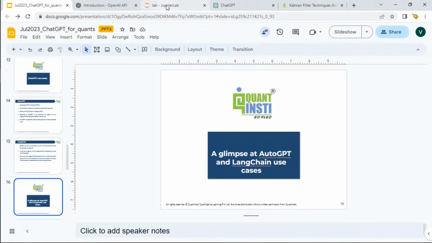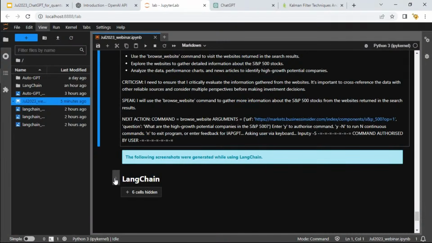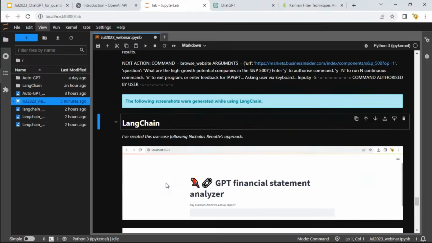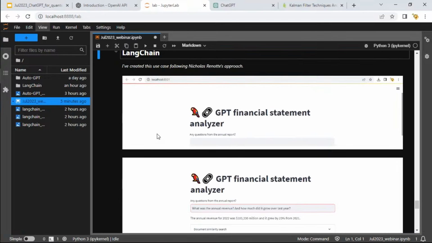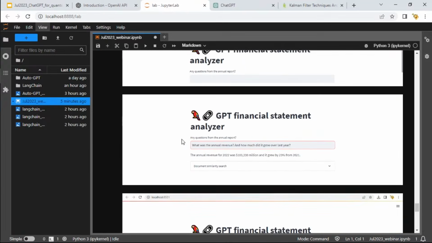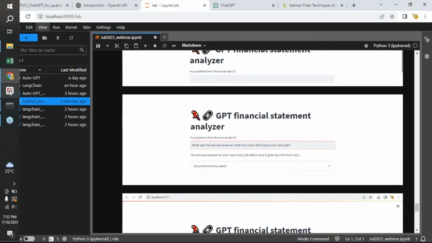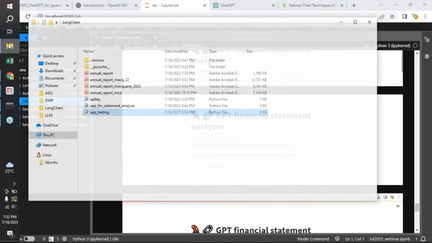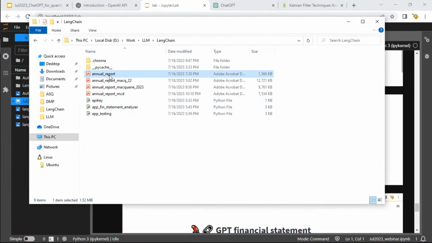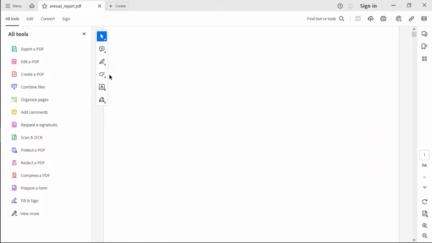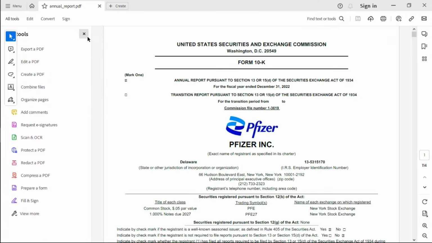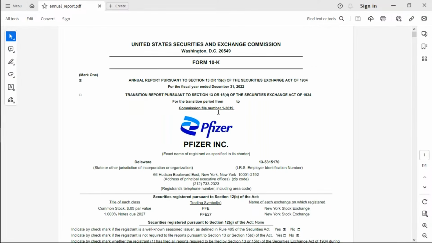So if you were to look at LangChain and what it does, I created this financial statement analyzer where I had the LangChain go through this specific annual report. An annual report typically is like a 100, 200 page document.